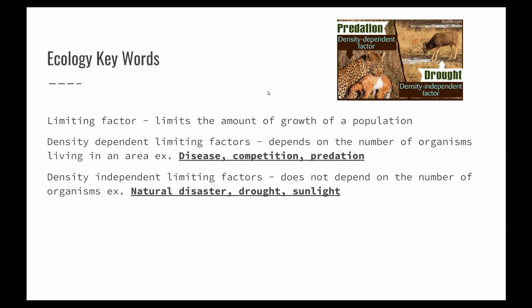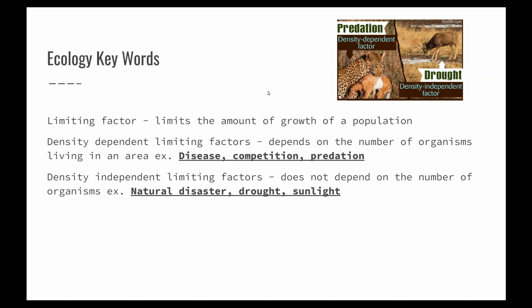Now, density independent limiting factors affect an ecosystem equally, no matter if there's just a few living organisms or if there's many. So natural disasters like wildfires or hurricanes or tornadoes, drought, and the amount of sunlight are all factors that don't depend on the number of organisms.